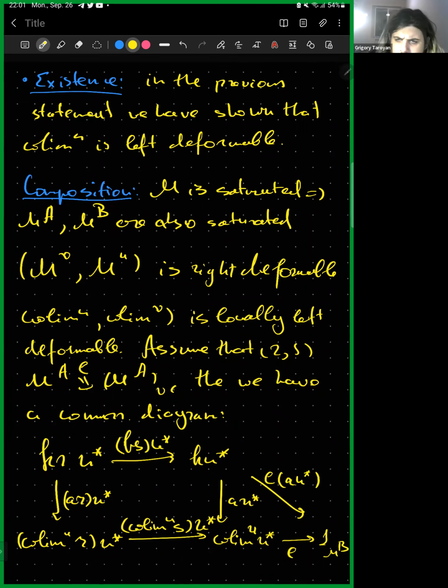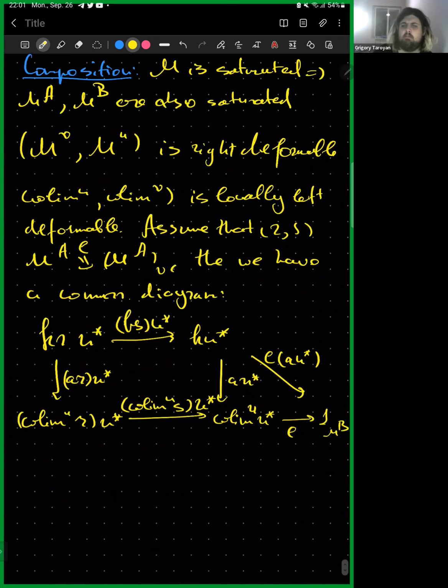And so this diagram, after taking homotopizations, gives rise to the following diagram.